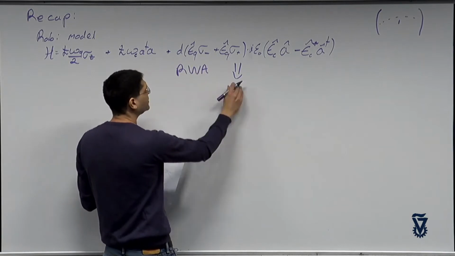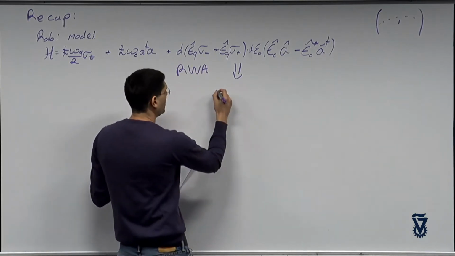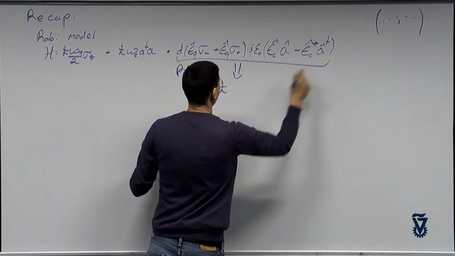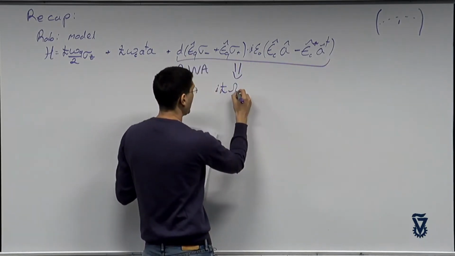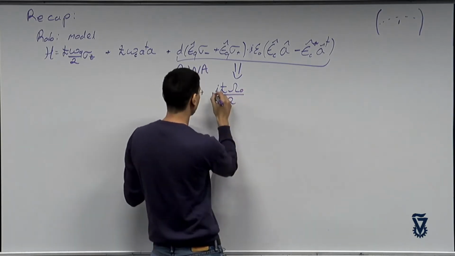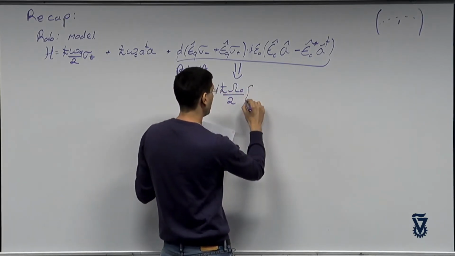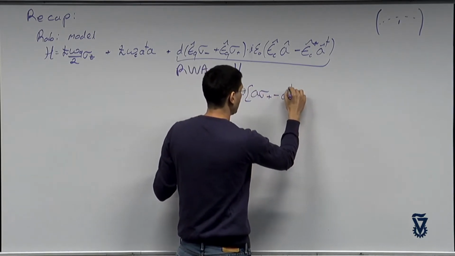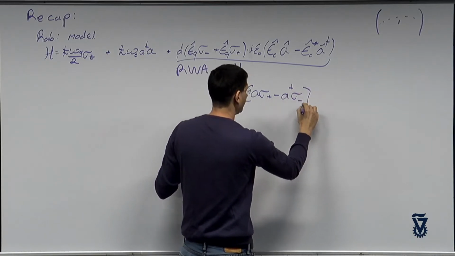And under this rotating wave approximation, this interaction part turned into the following: h bar omega naught over 2, with a minus here, a sigma plus minus a dagger sigma minus.